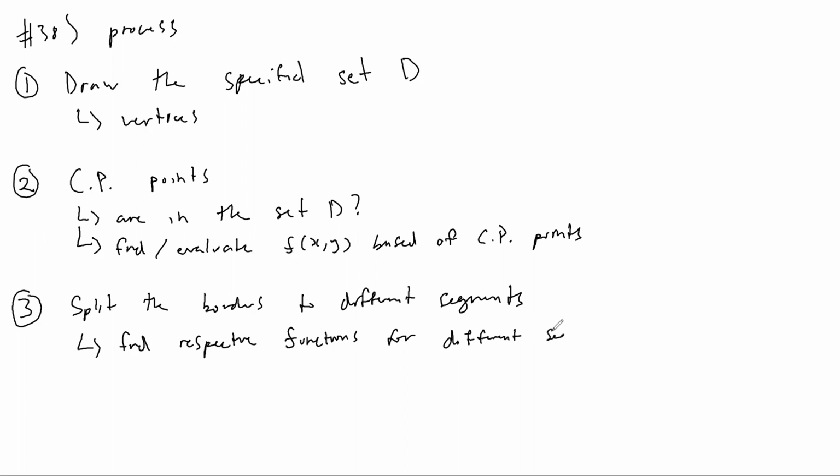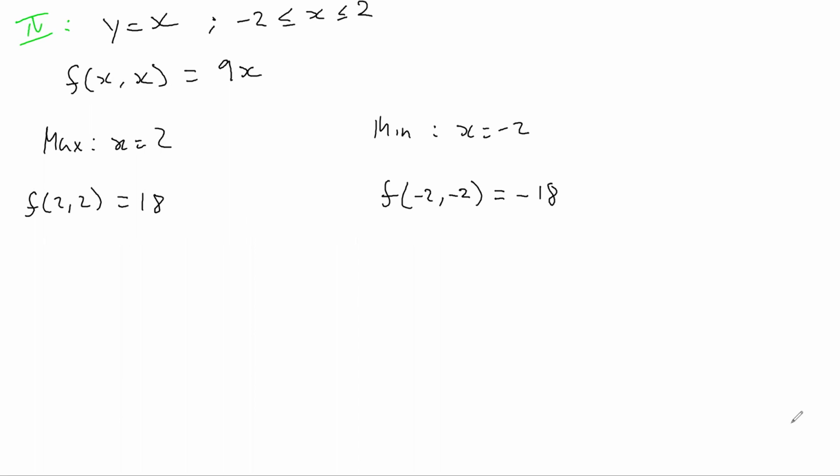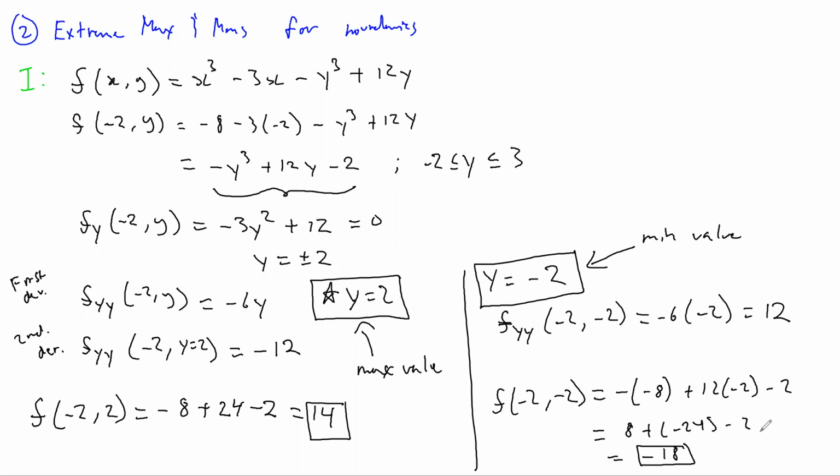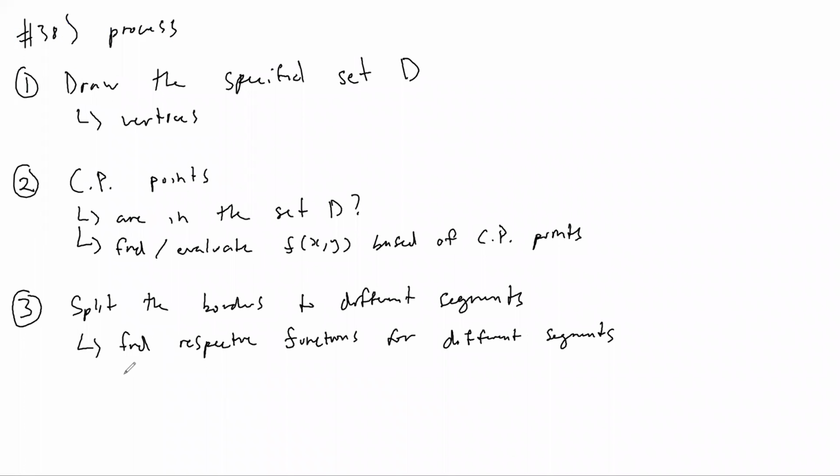For line number 1, we noticed that it was only when x was equal to -2. So by plugging in x equals -2, we found a function in terms of y. And now from that, we can find our max and min values for the respective functions.